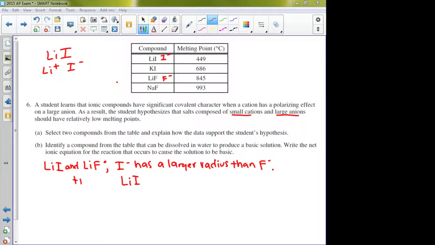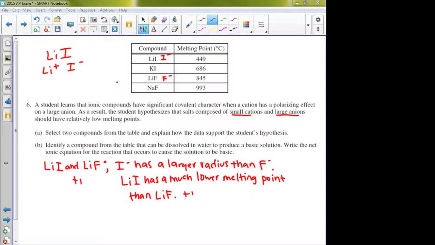And LiI has a much lower, I guess, instead of smaller, melting point. Plus 1 for your explanation matching.